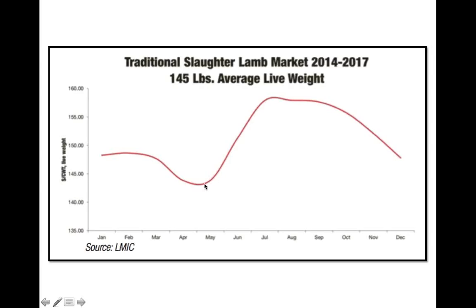Typically, those old crop lambs are worked through, and then the market picks up as we're having a harder time finding the new crop lambs. We have highs in the market in July, August, and September, and then that market comes back down in the fall. This year didn't follow this trend as well.